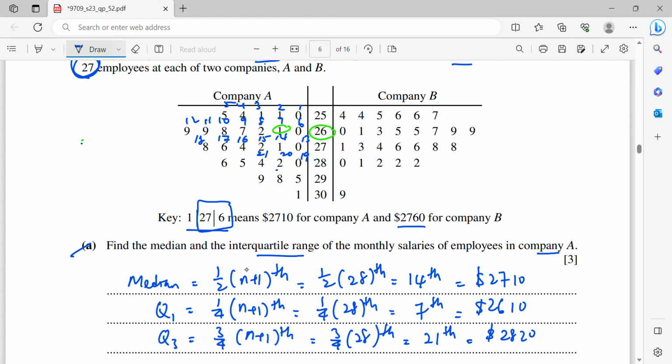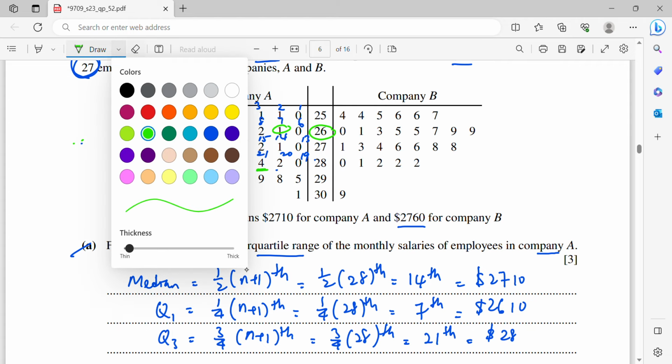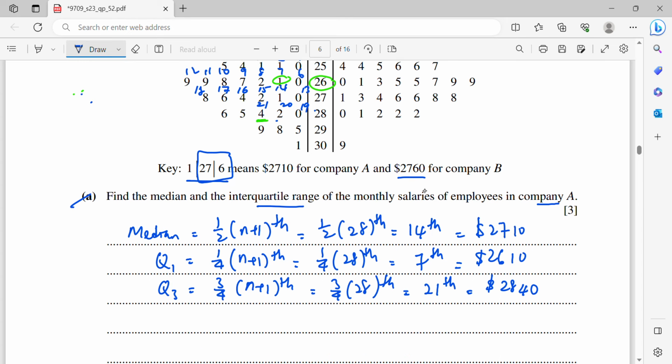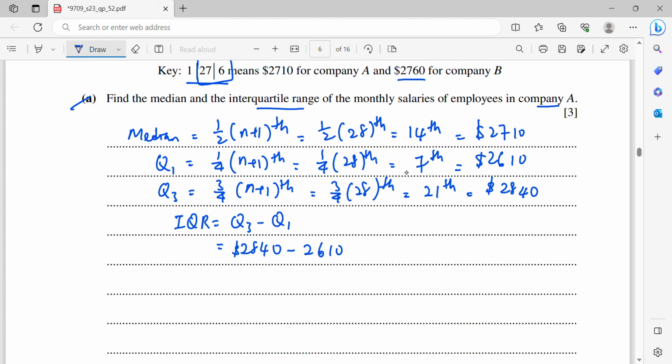My data number 21 is this, so it's 2840. The interquartile range, IQR, is Q3 minus Q1, which is 2840 minus 2610, giving 230. So that's the solution for A.